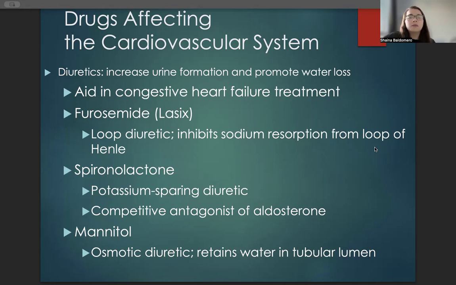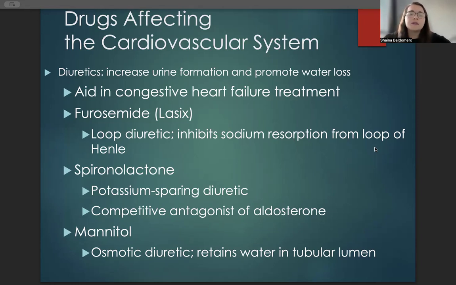The more sodium that an animal ingests, the more water it's going to hold on to, which isn't always a bad thing, but if you have a patient that has congestive heart failure, who already has an issue with moving their fluids throughout their body, the last thing we want to do is add more fluid to that. So furosemide is a great one.